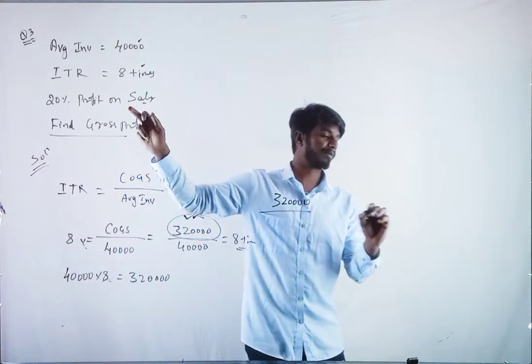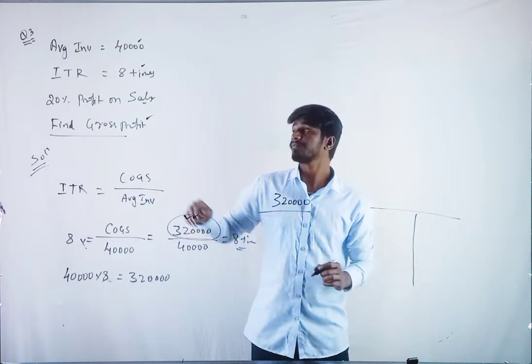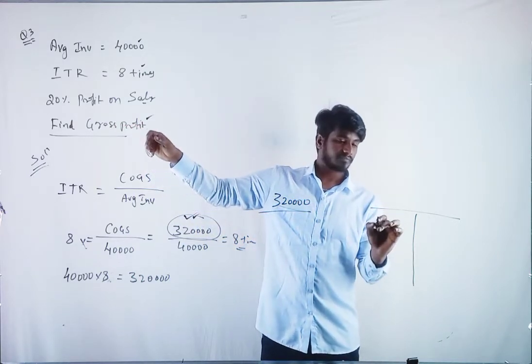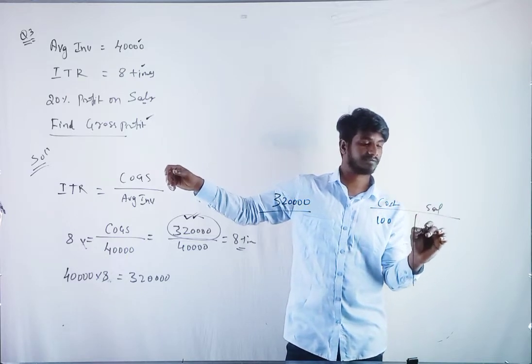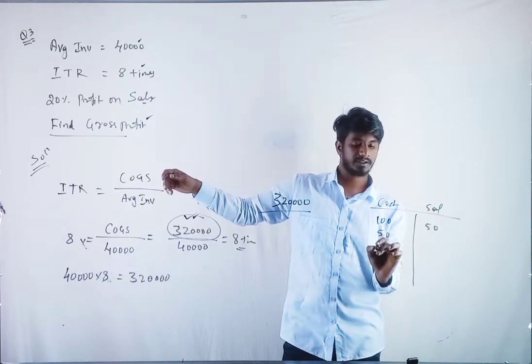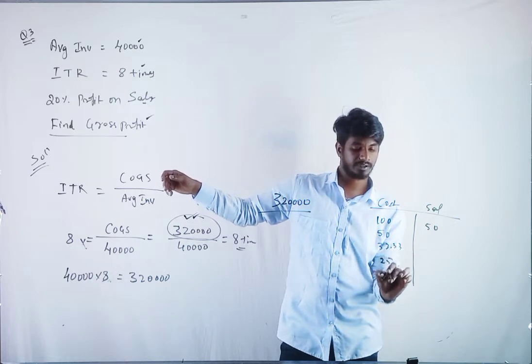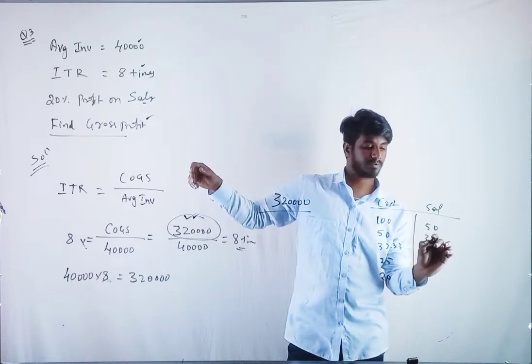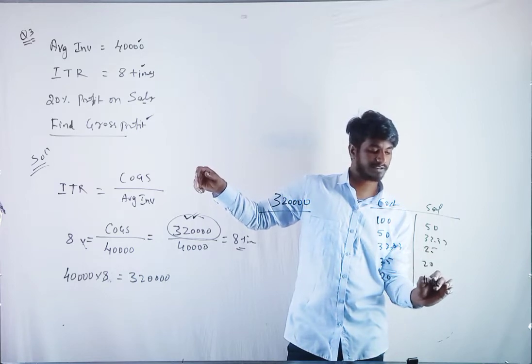You may remember a table: 100, 50, 33.33, 25, 20, 16.667.